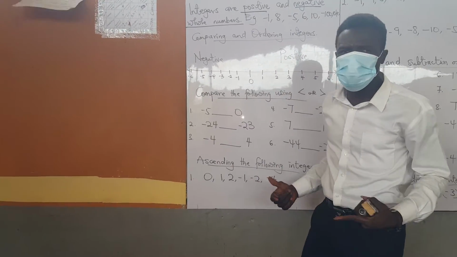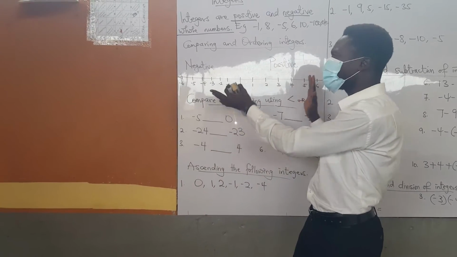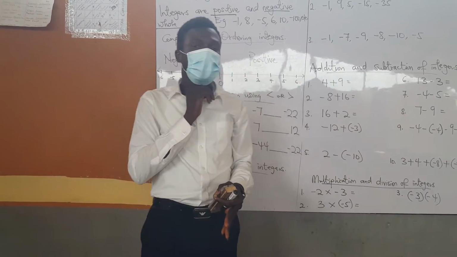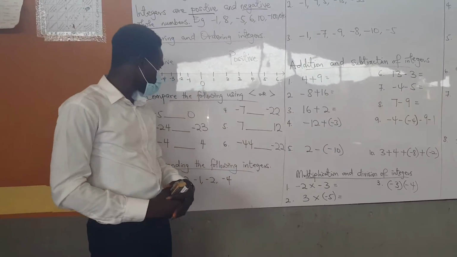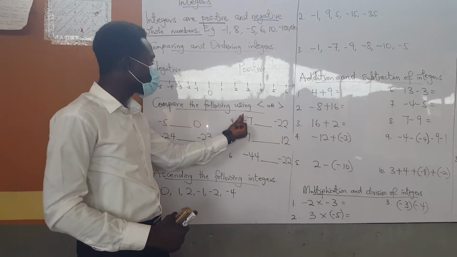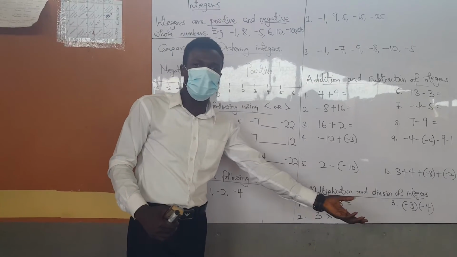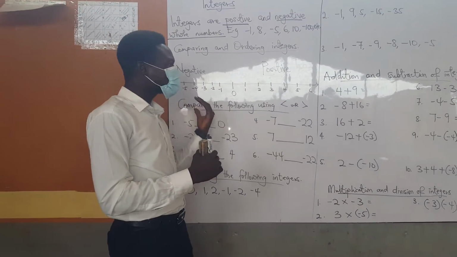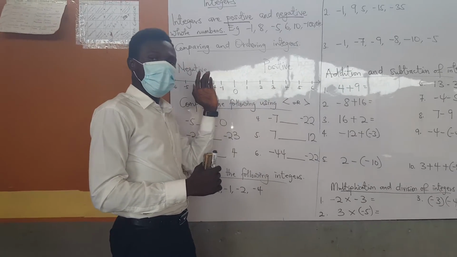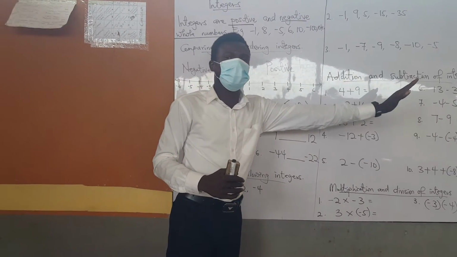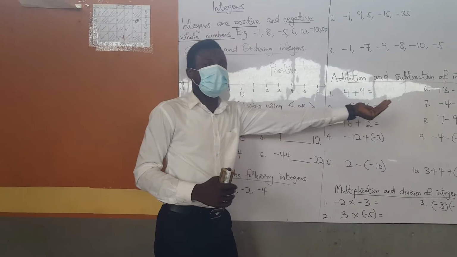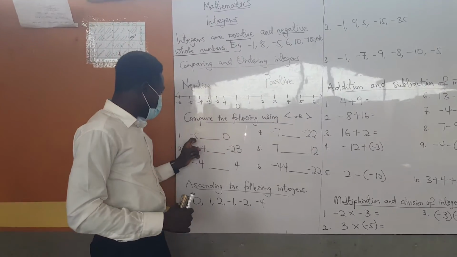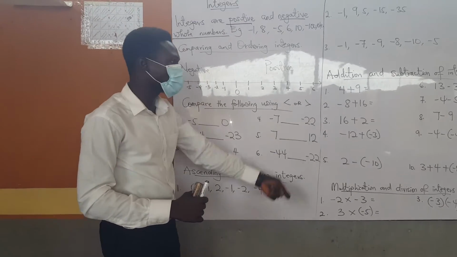So how can we therefore compare if we now have the understanding of the number line? It says compare the following using greater than or less than. Now that we know that on the number line, numbers are arranged in ascending order from your left to your right, and descending order from the right to the left, we have to compare -5 and 0.